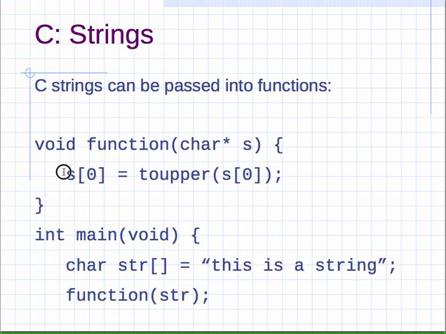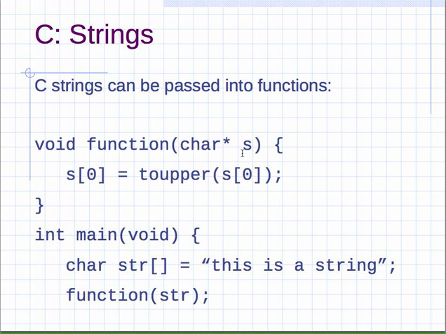Because while it's probably safe to change the first location in that array of characters, if you say, for example, access the 10th location, that could be unsafe because there might not be that many characters in this string. Okay, so that said, you can actually pass strings into functions as pointers.